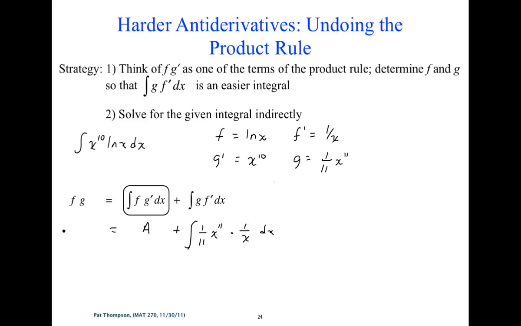And then over here, f times g: ln x times... So then we get 1/11th ln x times x to the 11th, minus, like you said, 1/11th x to the 10th. Integral of 1/11th x to the 10th.